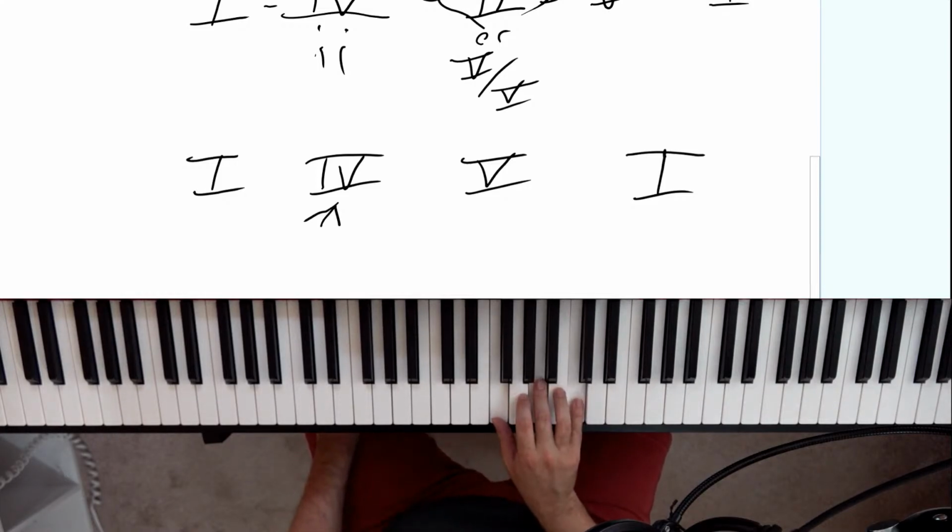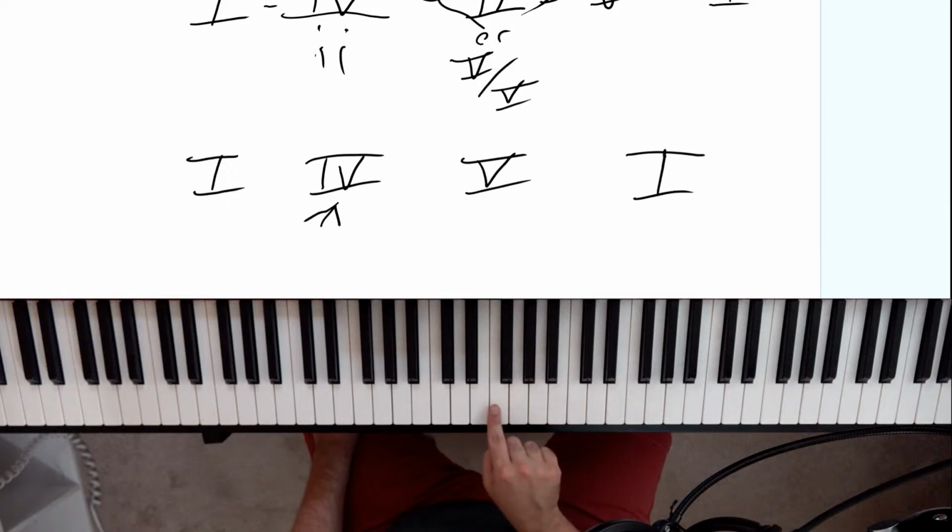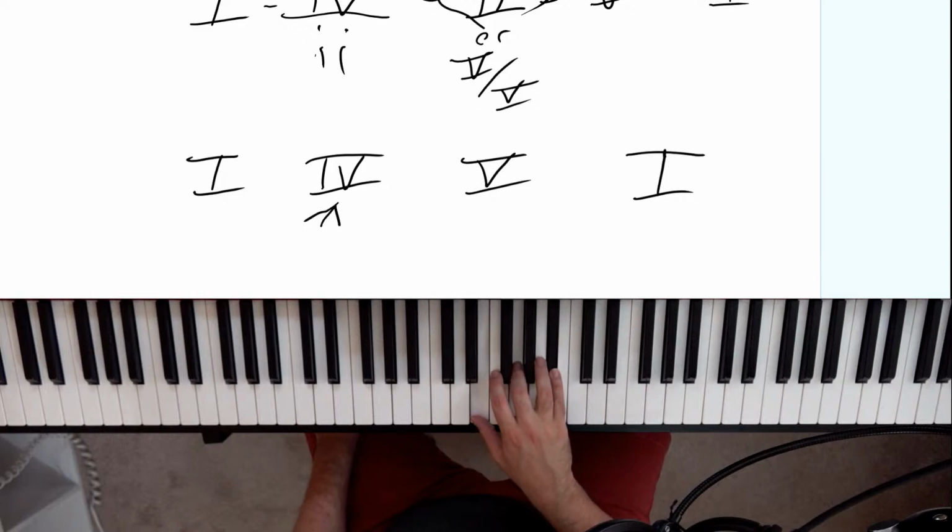So say we have this, and then what you want to do is move 1/2 step below that note that you're looking at. So you're looking at the F major chord, you go 1/2 step below, and you form a diminished chord right there. And then you lead into that 4 chord.